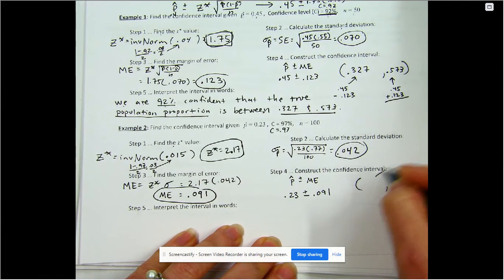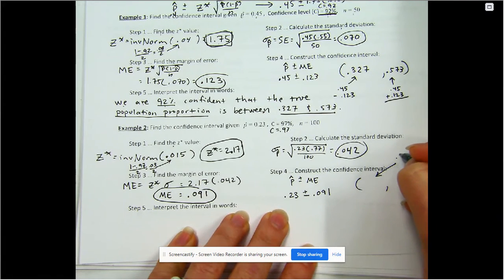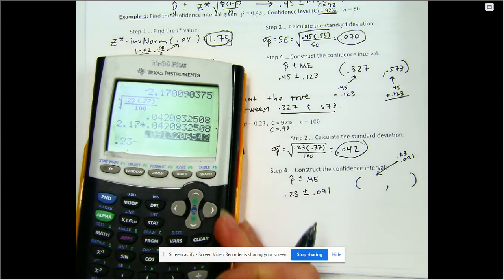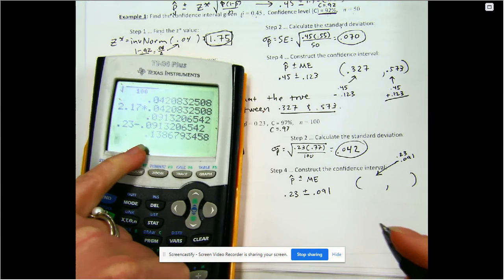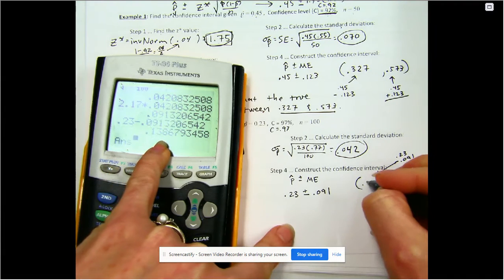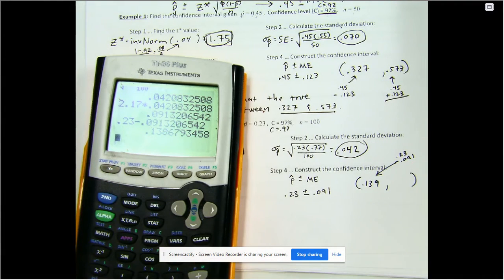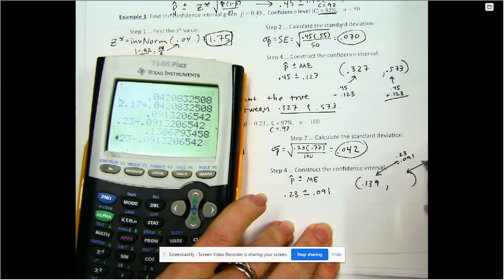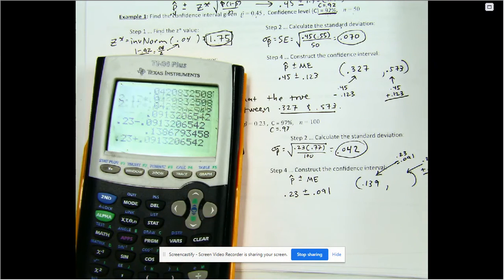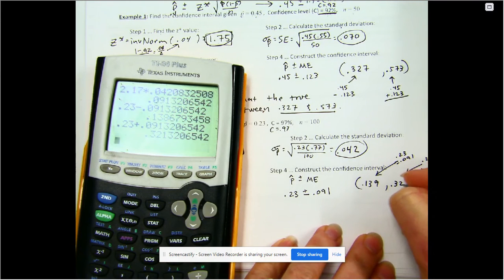To get the low value, I'm going to go 0.23 minus 0.091, and I get 0.139. And then I'm going to do the same thing, but this time I'm going to add, 0.23 plus 0.091, and I get 0.321.